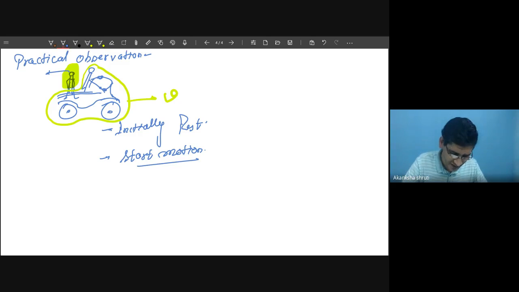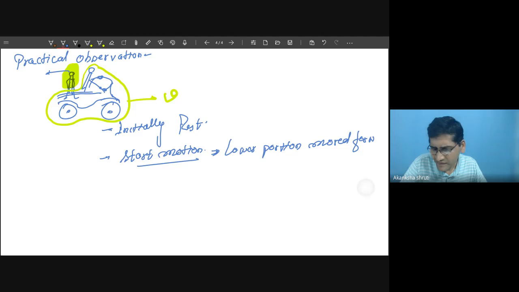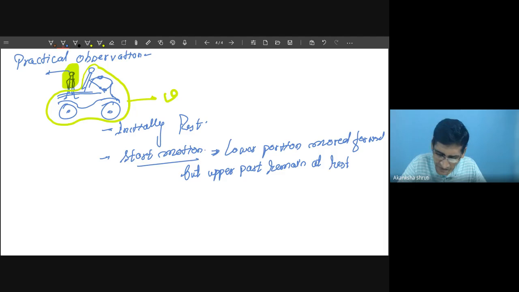So right, the lower portion moved forward, but the upper portion or upper part remains at rest. But since this upper part is connected with the lower part, ultimately this will try to pull the adjacent layer.